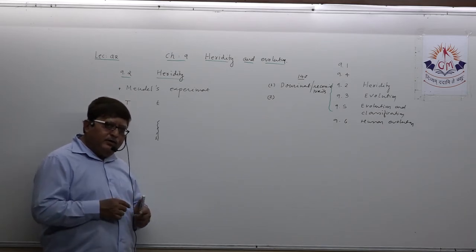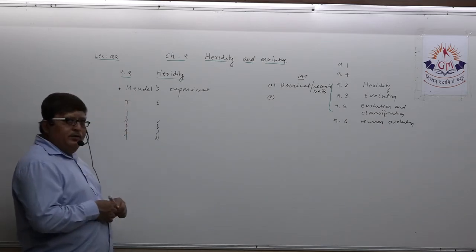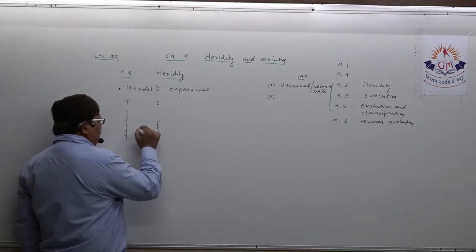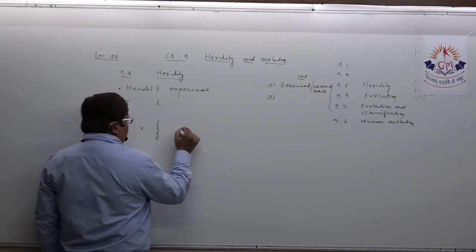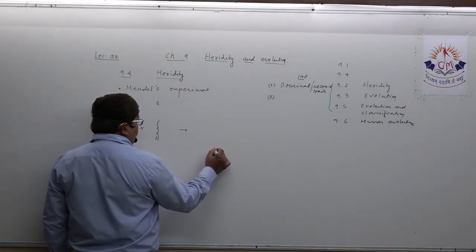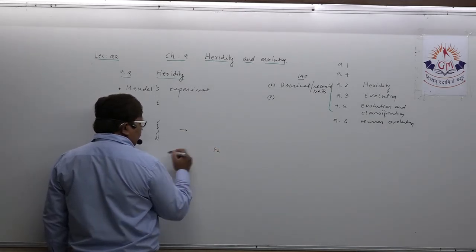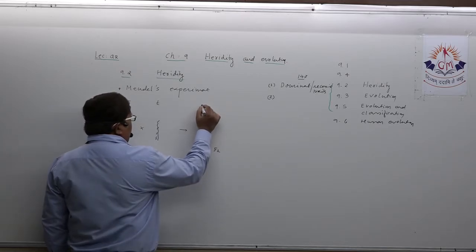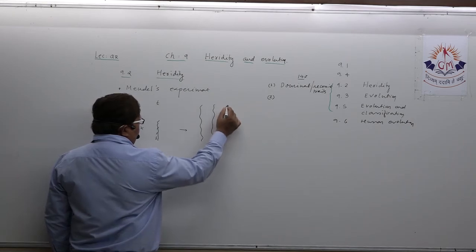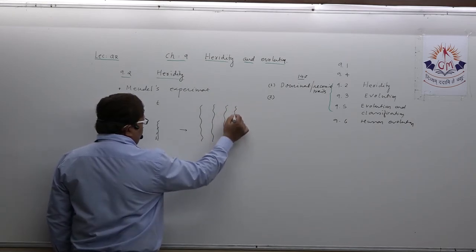One tall and one short plant he selected, and when he crossbred them, dear student, you need to remember this way: in the F1 generation, what happened? All plants were taller. This way you can remember and understand.